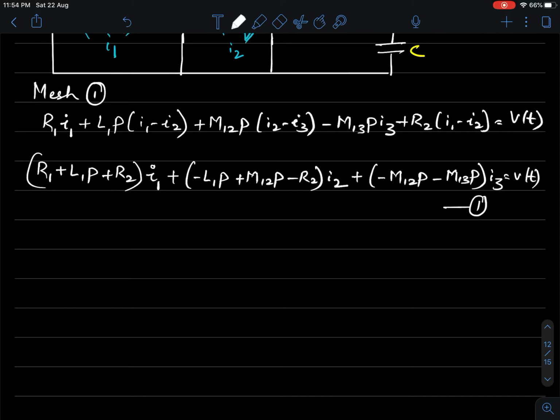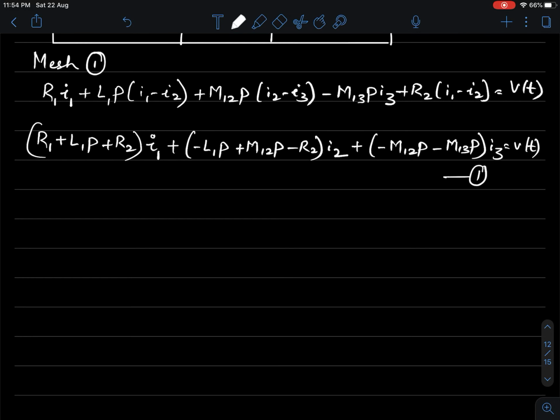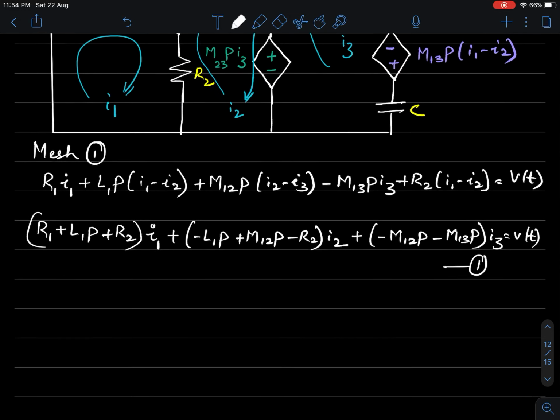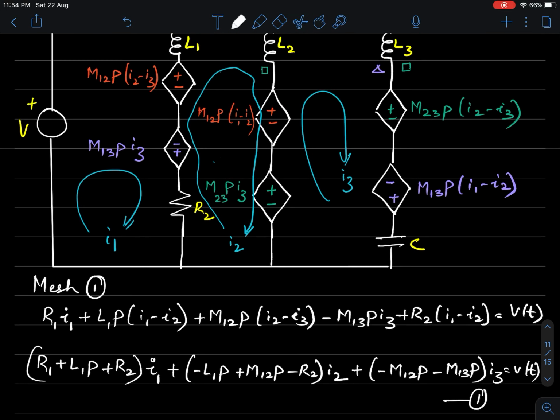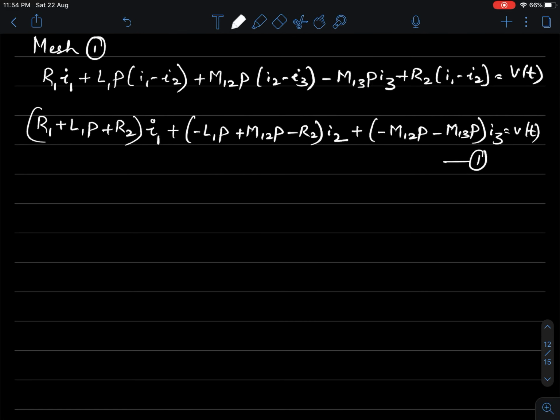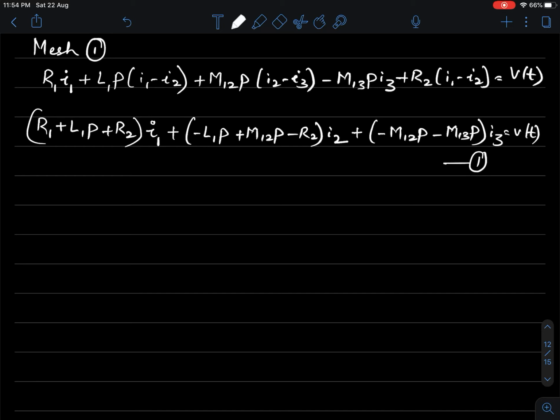Okay, you have 3 unknowns, so you need 3 equations. We are already done with the first equation. So how do we write the second equation? In the second equation, we come across L2 again in the clockwise direction. Mesh 2: from the top left corner, I go in the clockwise direction via L2, R2, L1 and back.